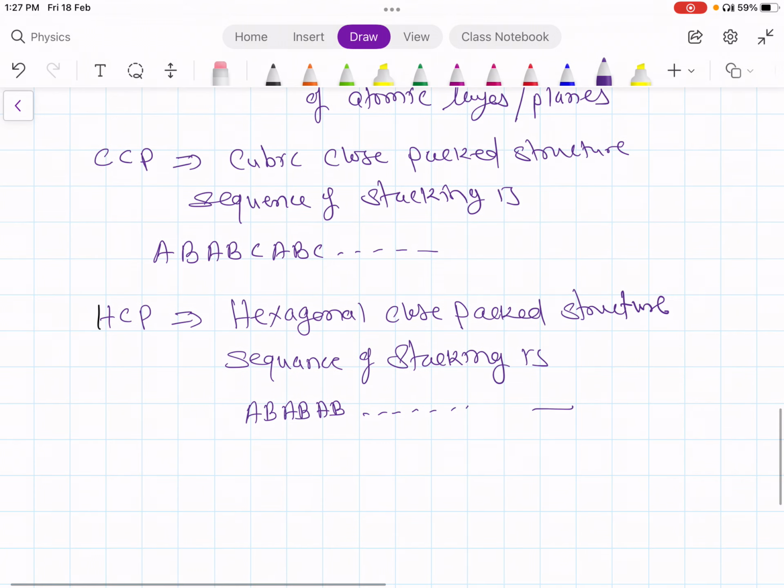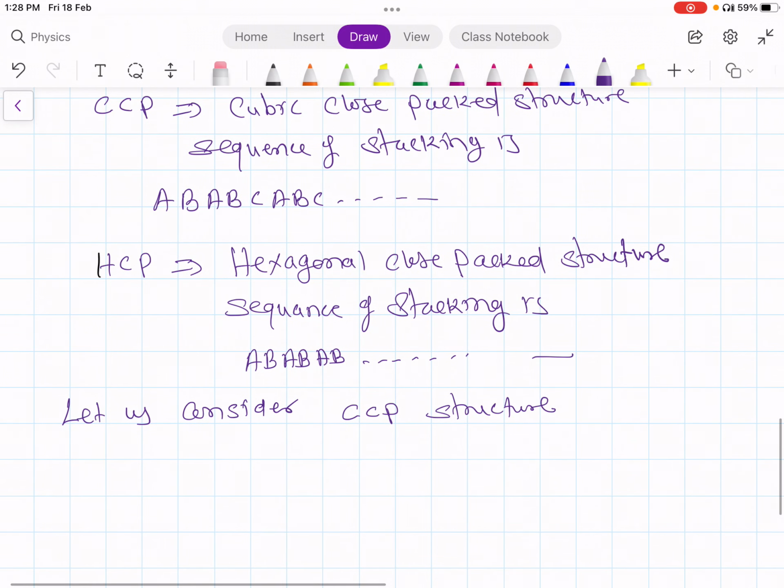Now, let us consider the CCP structure. We are considering the CCP structure in which the sequence is ABC, ABC, ABC. Let's say during the growth of this structure, one of the planes is missing.